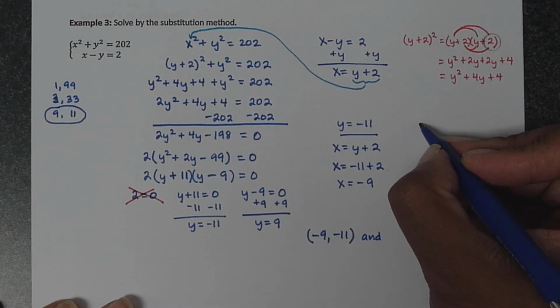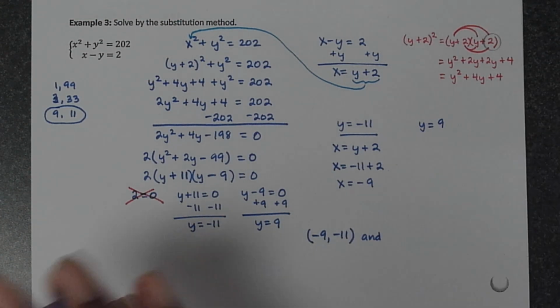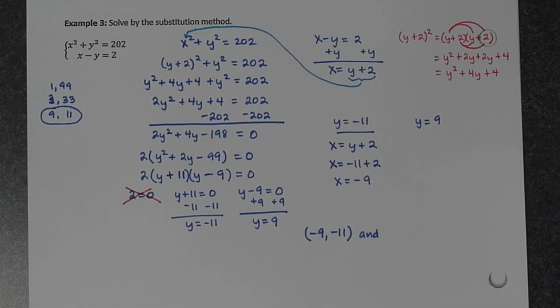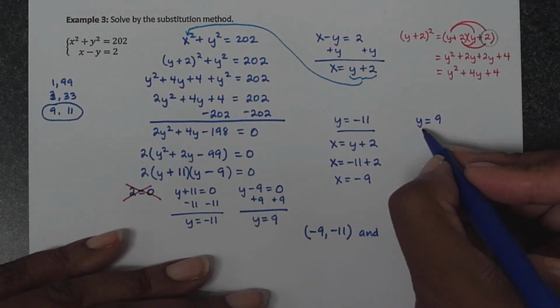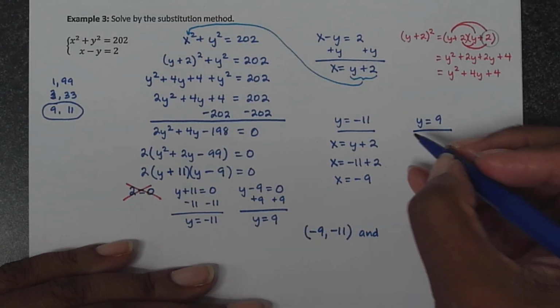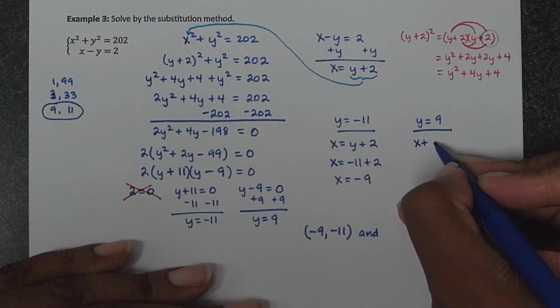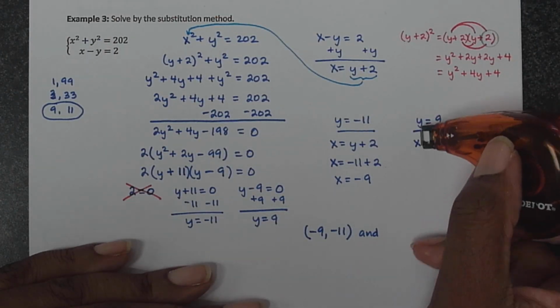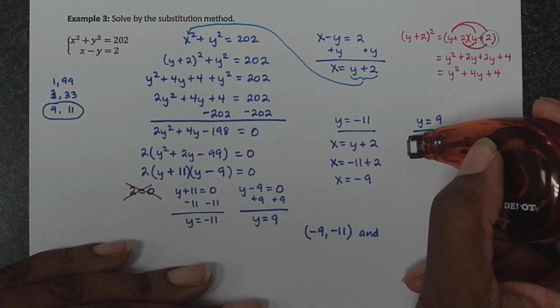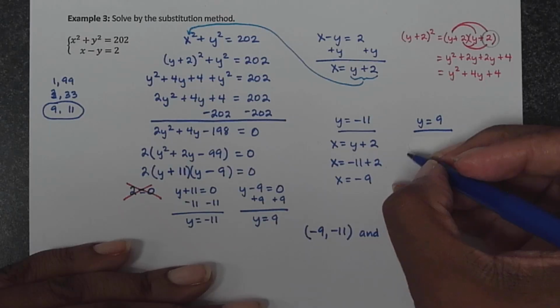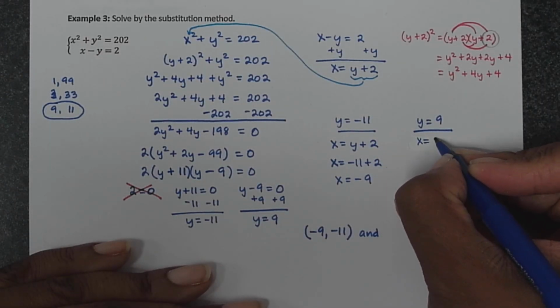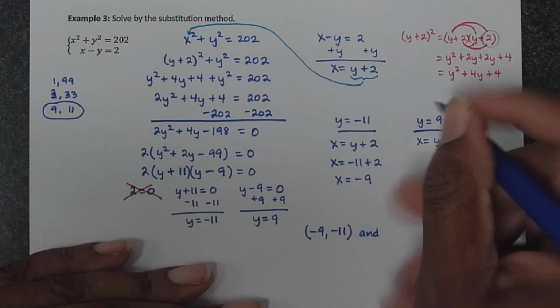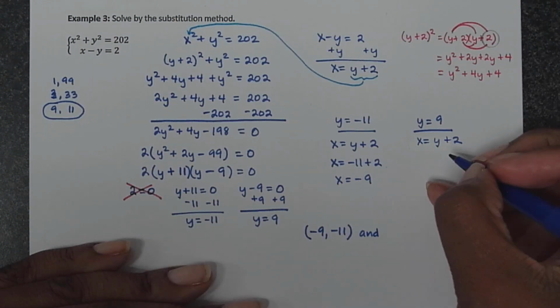And then for y equal to 9, I'll still use x equals y plus 2. That comes from here.